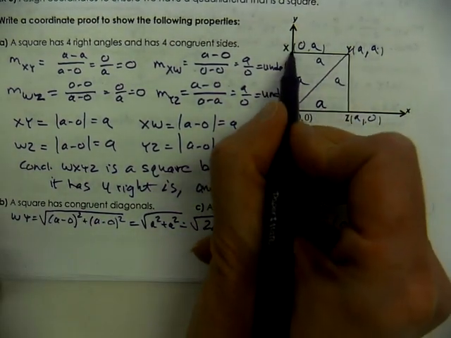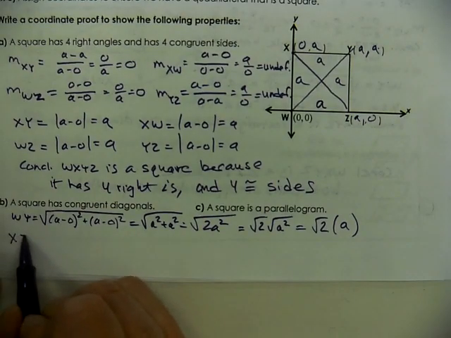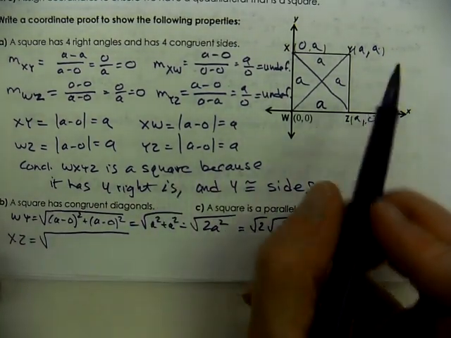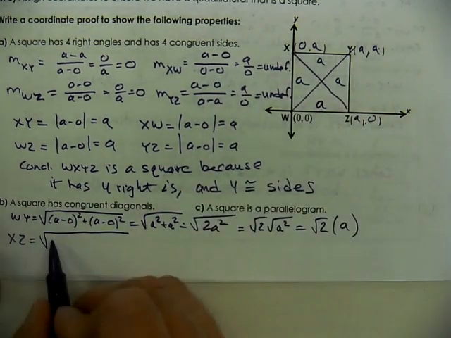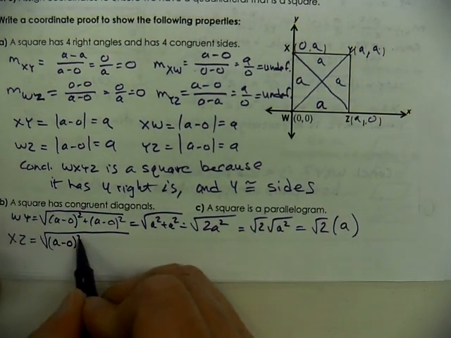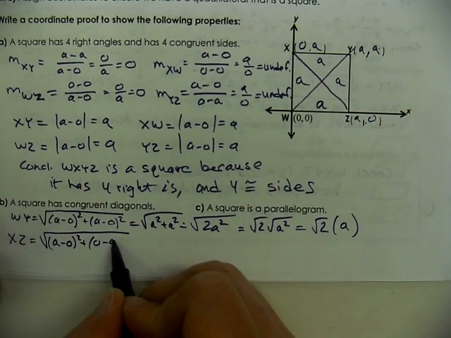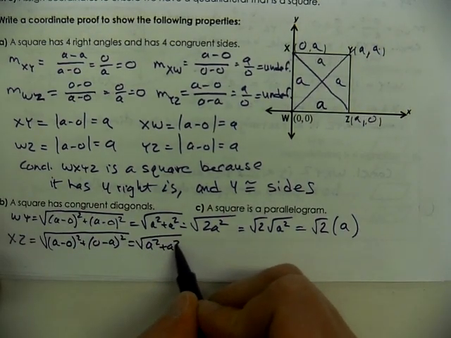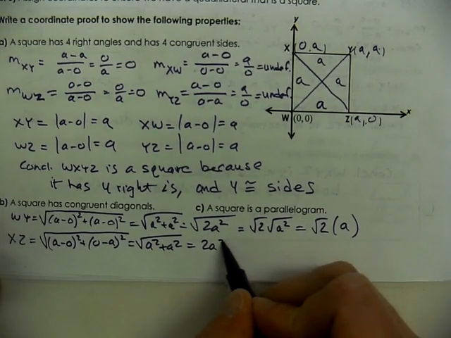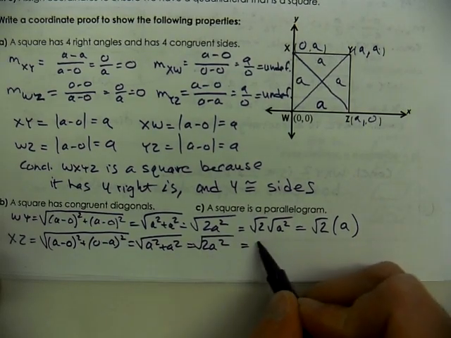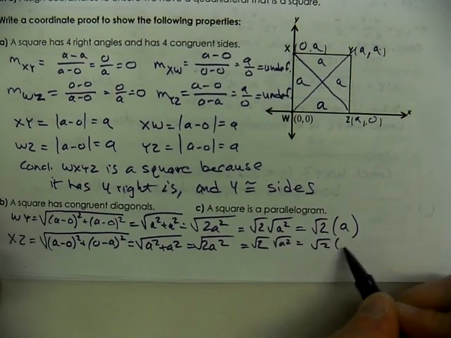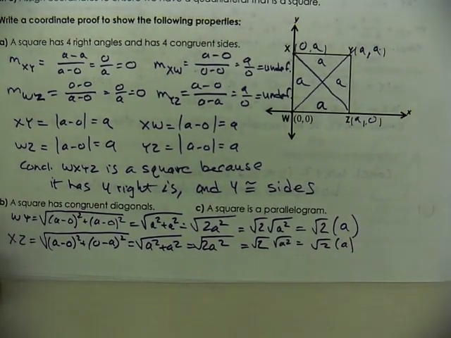So then the other diagonal from X to Z, we have, for x coordinates, a take away 0 quantity squared, and then 0 take away a quantity squared. So we will get the same pattern here. And there's the result. So notice we get the exact same answer. So yes, those diagonals are congruent.